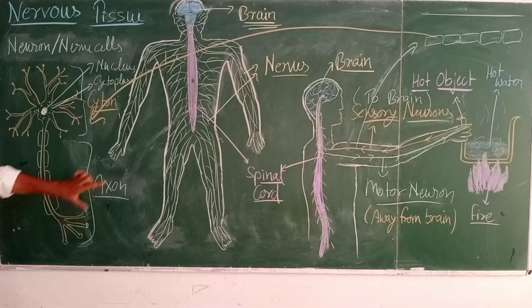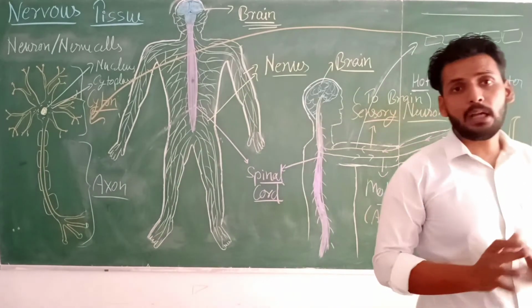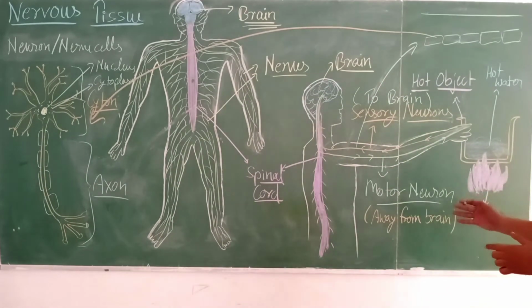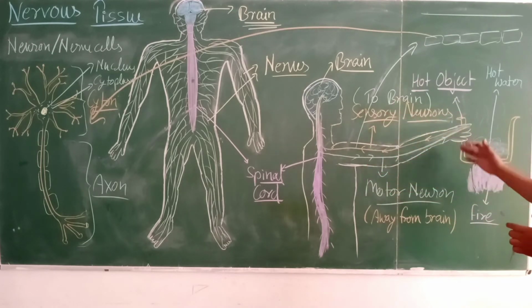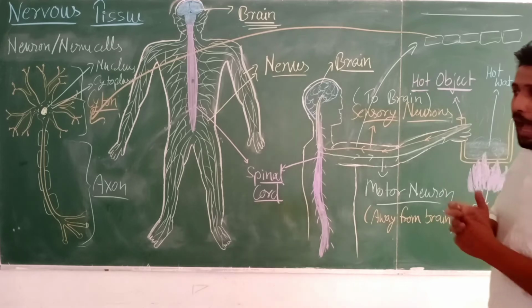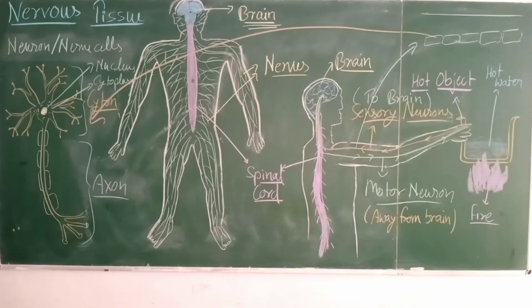So these neurons are spread all over the body and help in conduction of stimuli, and carry the signal to the brain and away from the brain, and help us decide what action should be taken.